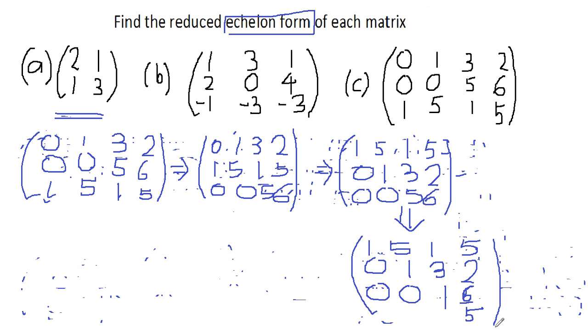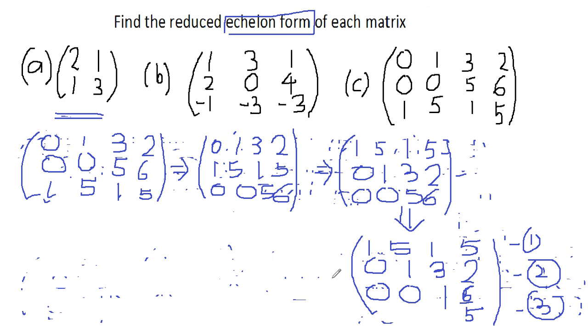So now we can make it reduced echelon form because it's already in echelon form with leading entries of 1. So let's use row 3. Now we pivot upwards, so we use row 3 to eliminate the variables here, the fourth variable.